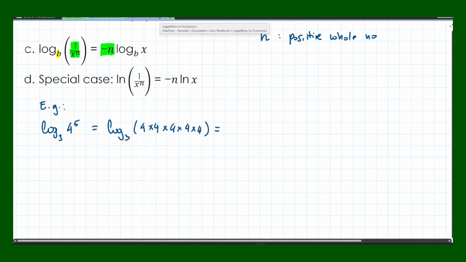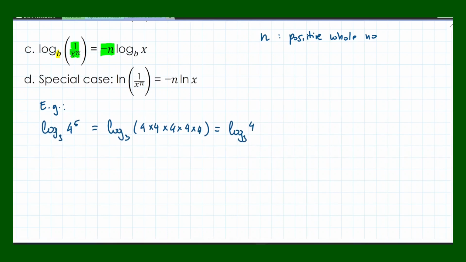So now I can replace this expression by log base 3 of 4 plus log base 3 of 4 plus, as you can imagine, it's a little bit boring to write it all out, but we have to write it out 5 times, so I need to write it out 2 more times. Log base 3 of 4 plus log base 3 of 4. Now, what's important here is that I'm adding the same thing together 5 times.